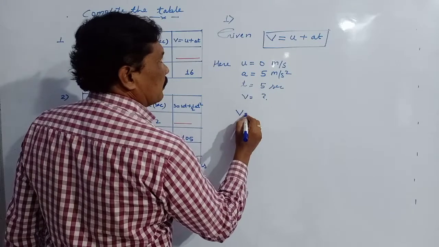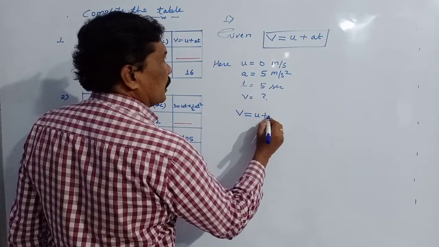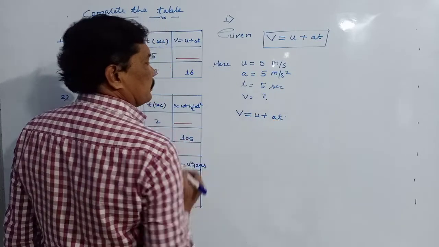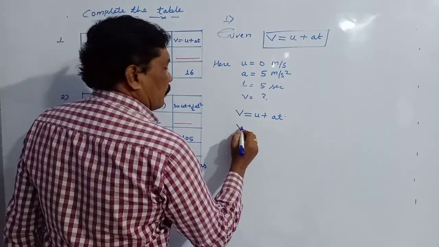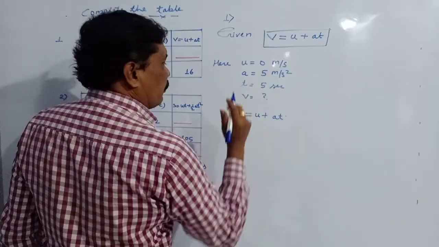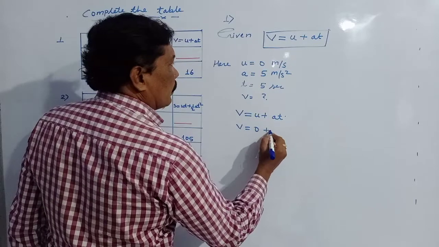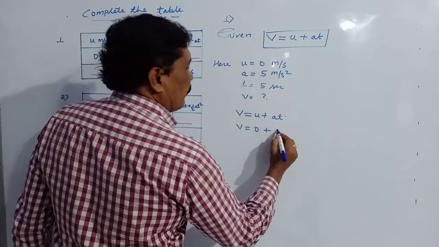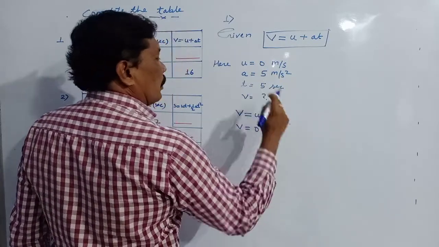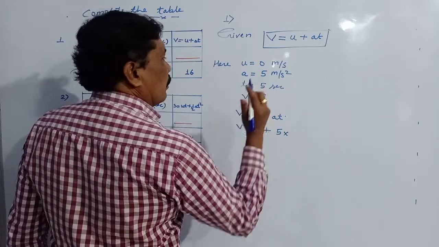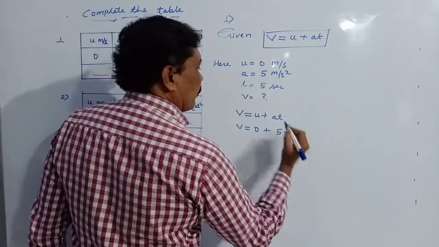Now we will consider the equation. V is equal to U plus AT. V is equal to, what is the value of U? 0. Plus, what is the value of A? 5. Into, what is the value of time? 5.